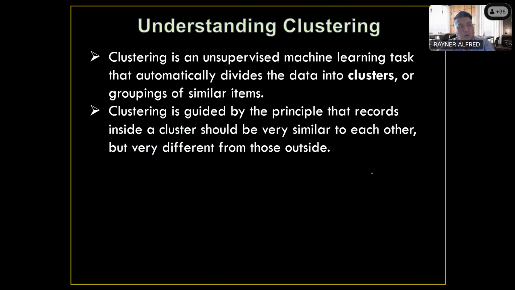So basically, you don't know how many groups you have, but based on the quality of the cluster analysis, we can define what is the best number of clusters. Okay, so the way we perform the clustering is we initially state how many clusters we want, 3 clusters or 5 clusters, then we will perform the clustering technique, and we look at what is the quality of the cluster. So we will try any number.